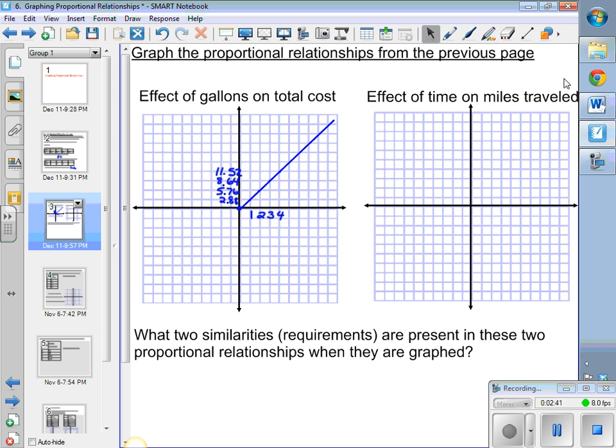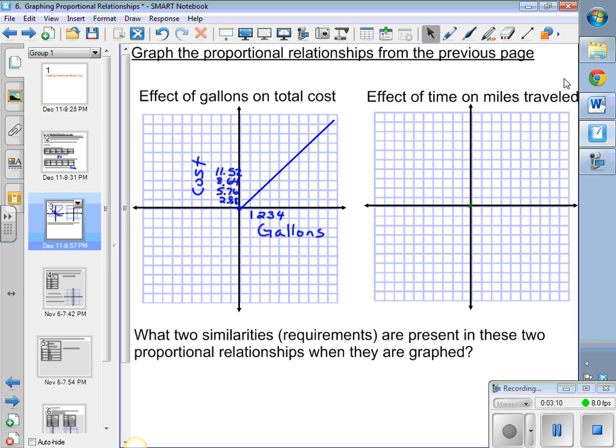We'll go ahead with the next one, and again, it starts at $0, or 0 miles traveled for 0 hours. You know what? I forgot to label this one. This should be my gallons, and this over here is my cost.